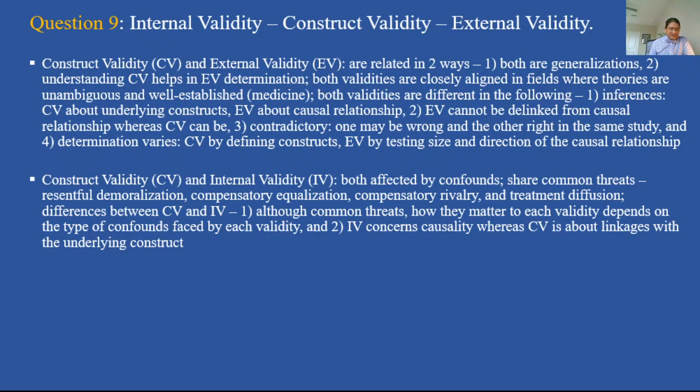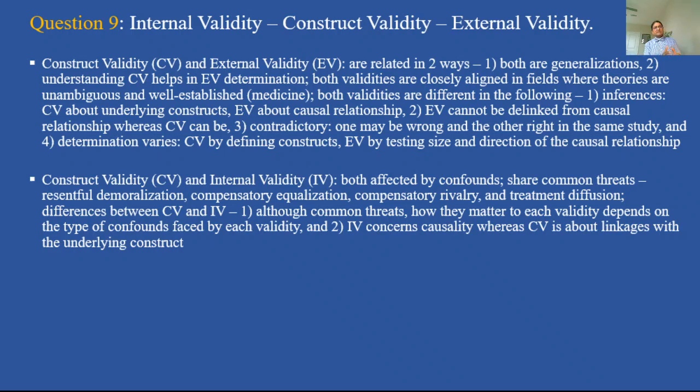Construct validity and external validity are related in two ways. First, both are generalizations: one about underlying constructs, that's construct validity, and the other about causal relationships, that's external validity. The second similarity is that understanding the constructs helps us better understand external validity.